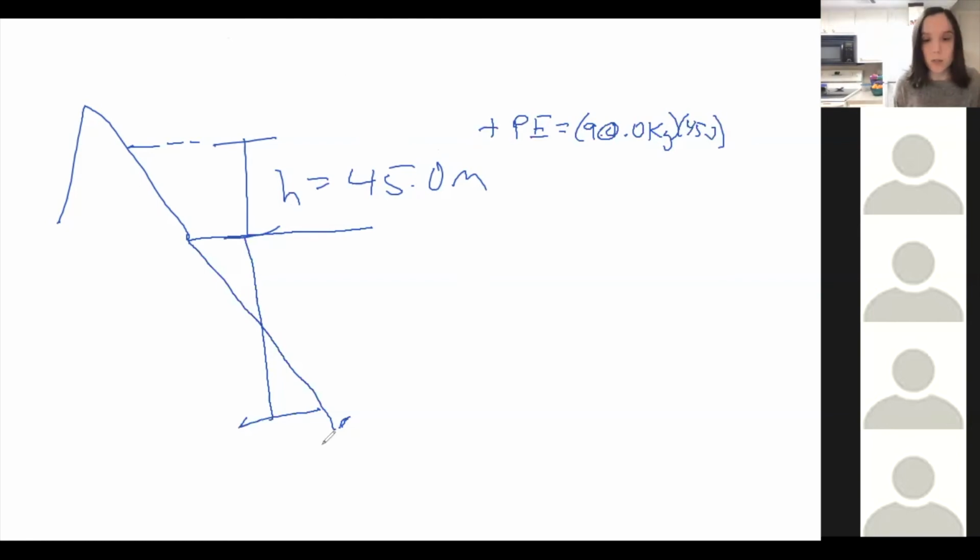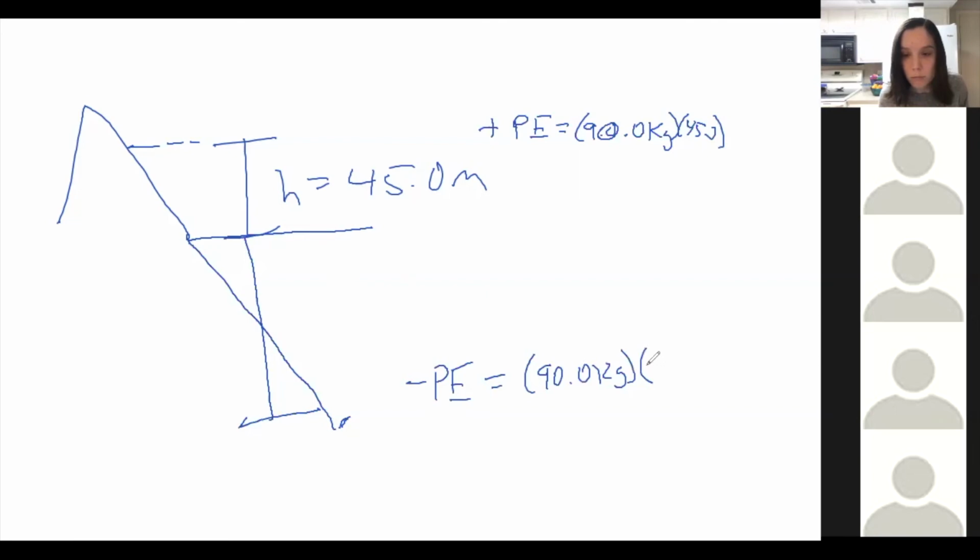And then he goes down, right? And he goes down 85 meters. So that would be negative. Oh, wait a minute, sorry.